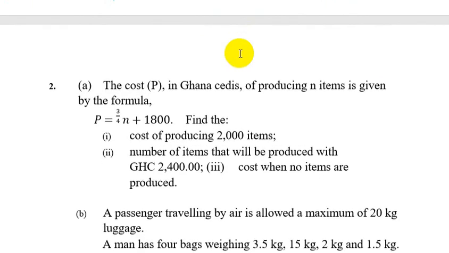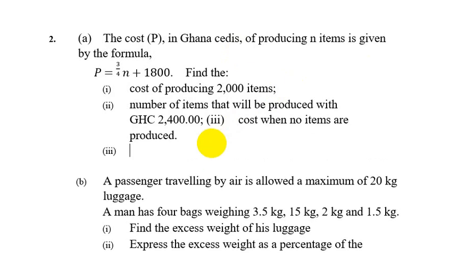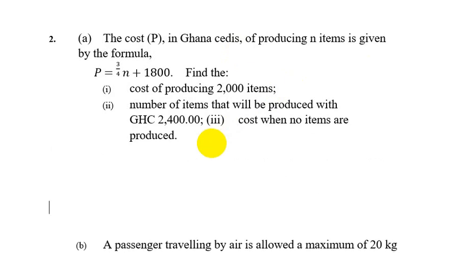Now, question 2 is also another interesting question. And we were told, say, the cost P in Ghana cedis of producing n items is given by the formula P equals 3 over 4 n plus 1,800.